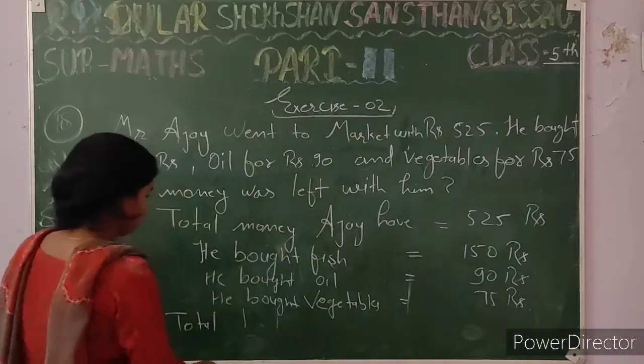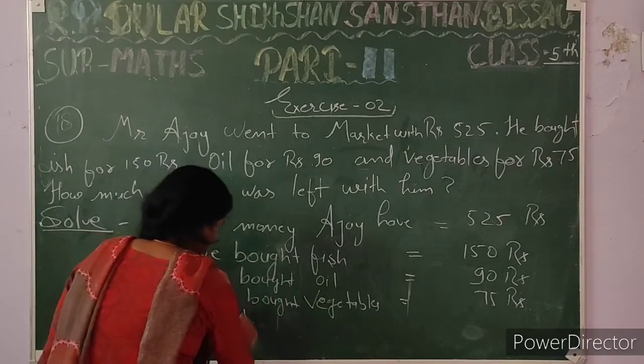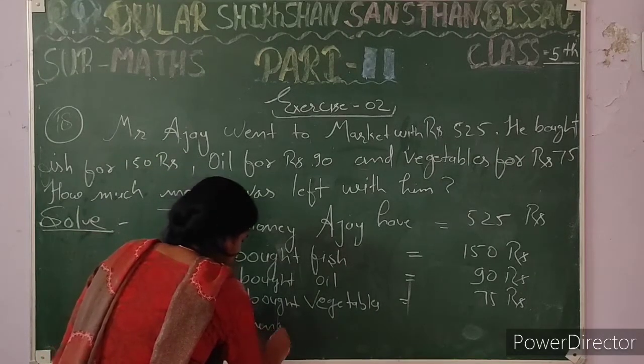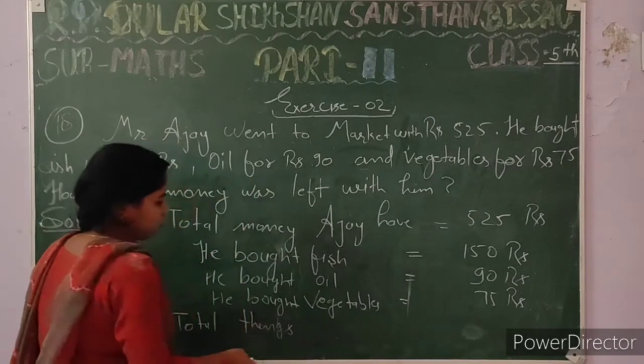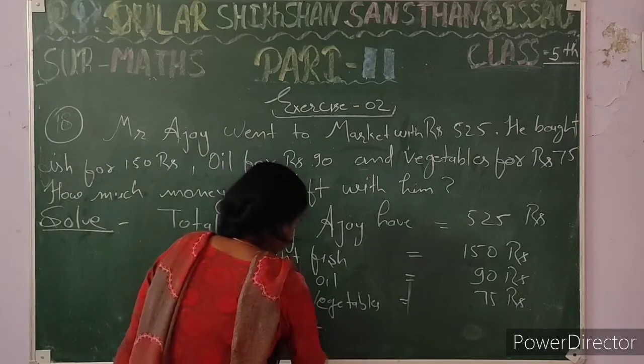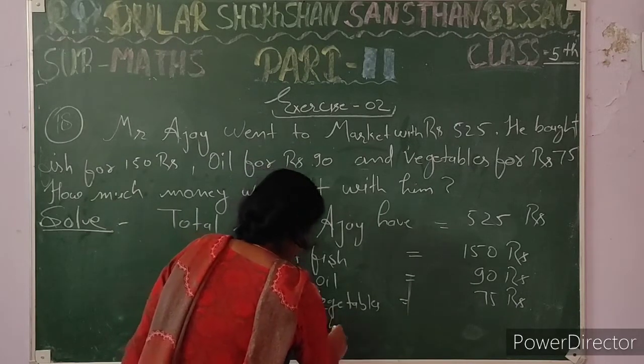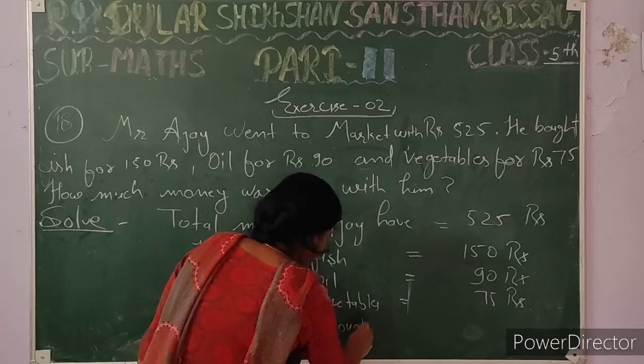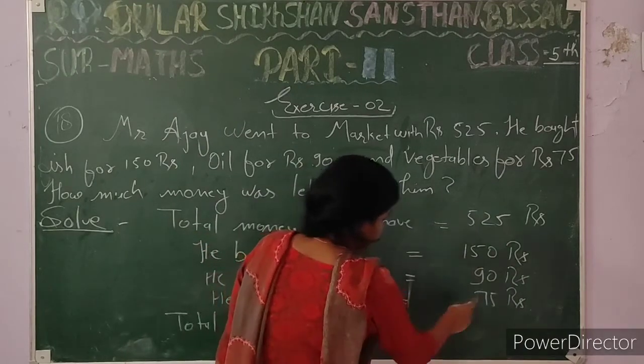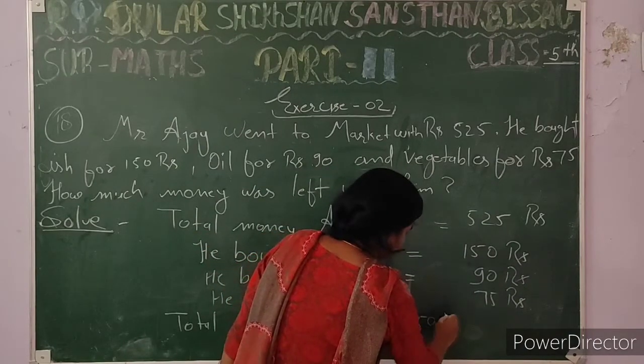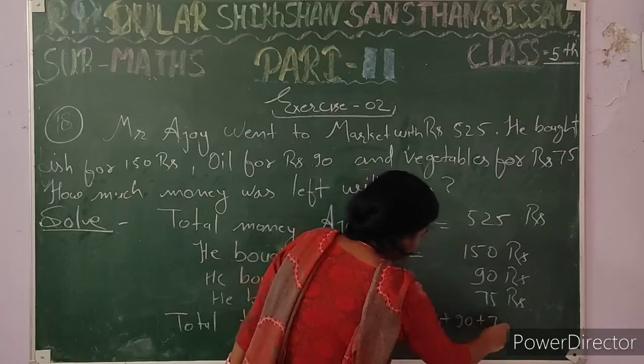So we write here total things he bought is equals to, we add 150 plus 90 plus 75.